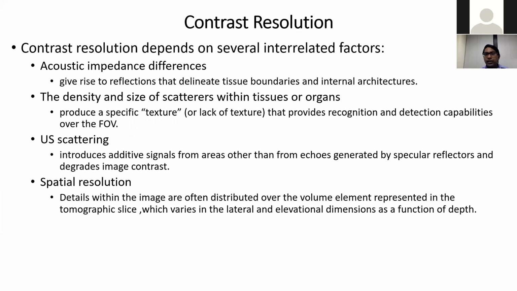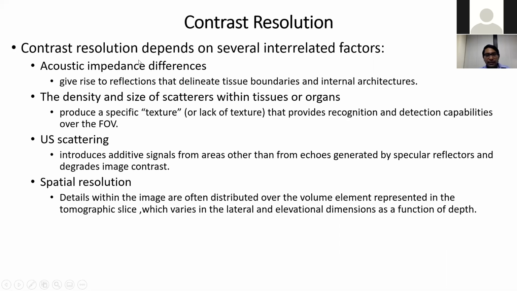So there are limitations to what contrast resolution we can achieve with ultrasound because it's dependent upon the medium that you are imaging. But one quick technique that improves the contrast resolution is how much compression is applied by the ultrasound transducer. When a sonographer takes a transducer and images a particular organ, they can compress the soft tissue, and that usually increases the contrast resolution.